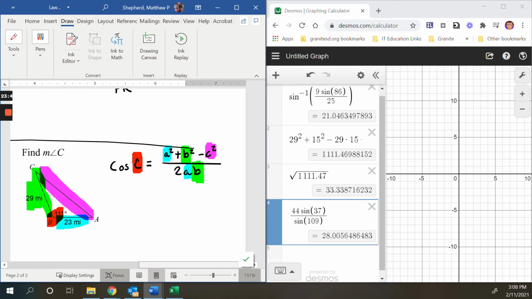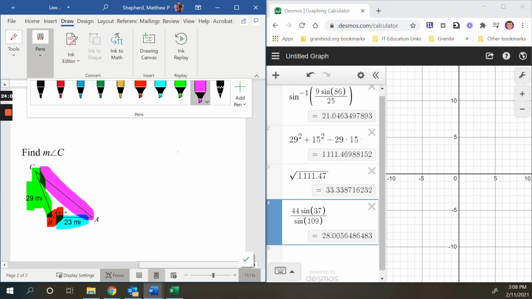But I don't really have a way of finding that angle yet because I don't have enough information. But if we find this side first, maybe we stand a chance. So I'm actually not looking for an angle. I'm going to rewrite this because what I am looking for instead is that side. And then we're going to use that side in the next step.